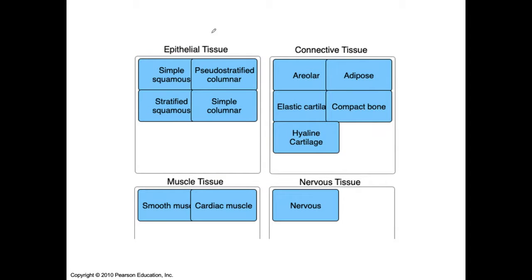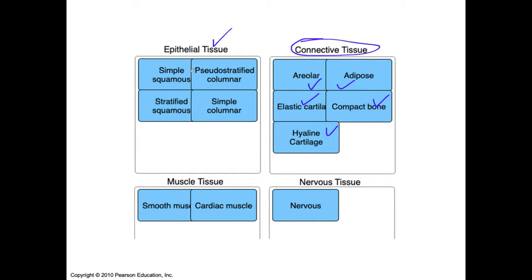Again, similar concept where they give you the main categories, connective tissue, and then you have to drop the appropriate boxes. So areolar, that's connective tissue proper. Adipose, elastic cartilage, hyaline cartilage, and even compact bone, all under connective tissue.